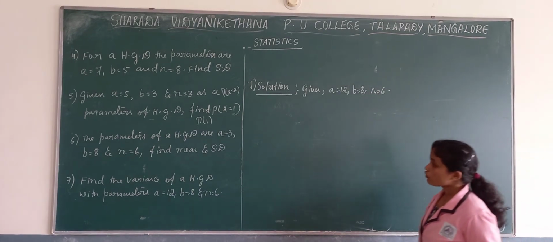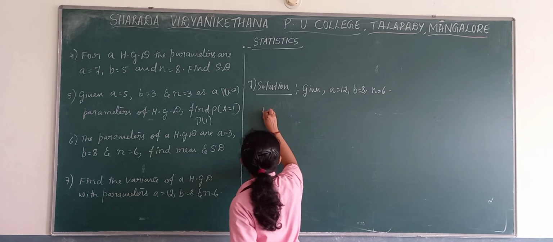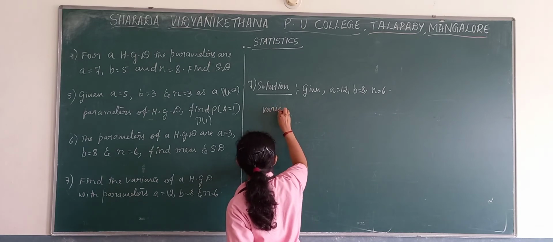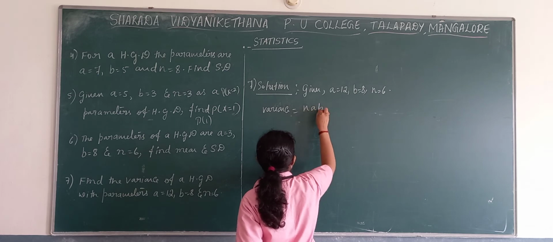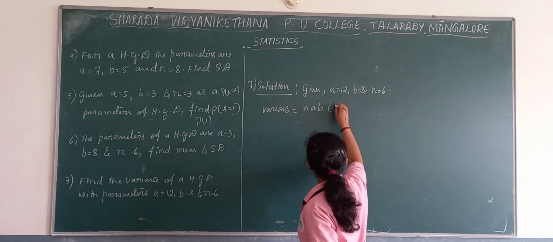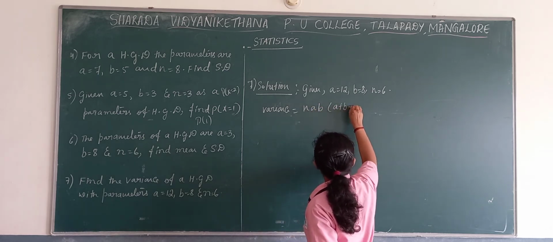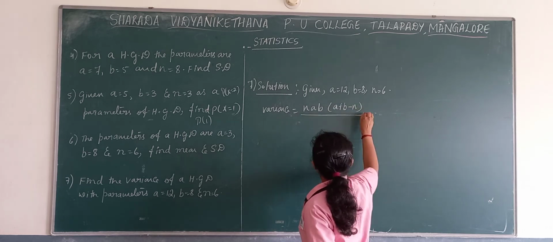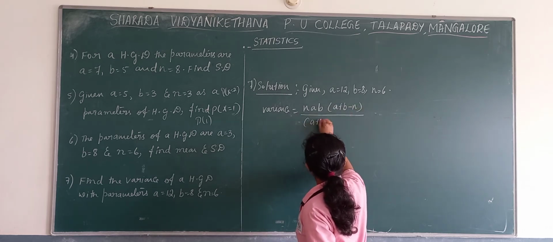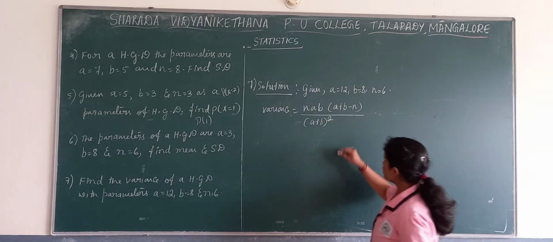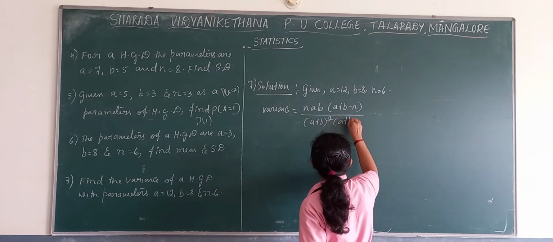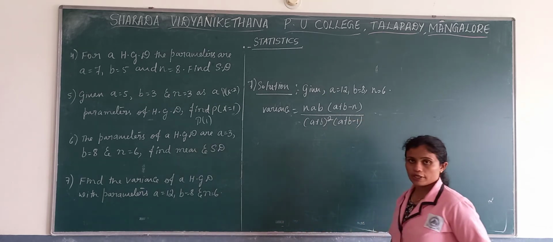Now write the formula, since we want to find out variance. The variance formula goes like the same formula: n a b into (a plus b minus n) divided by (a plus b) whole square into (a plus b minus 1).